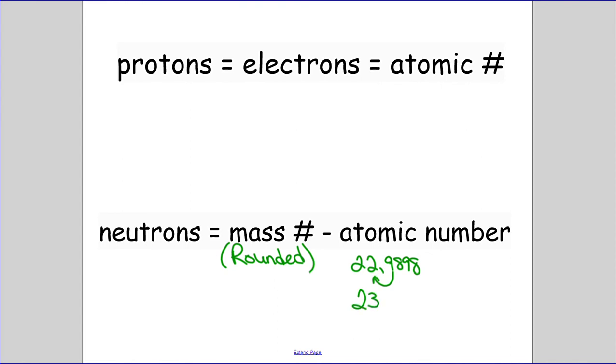So number of neutrons is equal to the mass number minus the atomic number, which gives me 23 for the mass number, minus the atomic number for sodium, which is 11. So this tells me that I have 12 neutrons altogether for sodium. Okay, so protons is just the same number, there's no math involved there, and neutrons is just a subtraction.